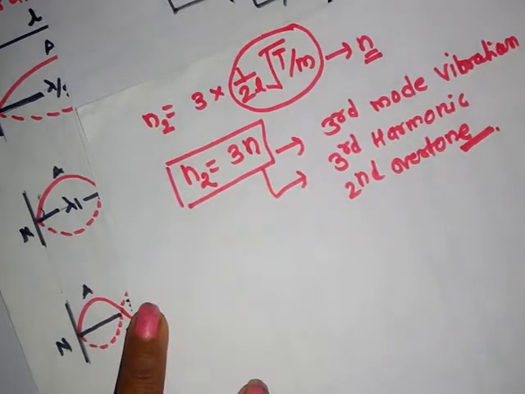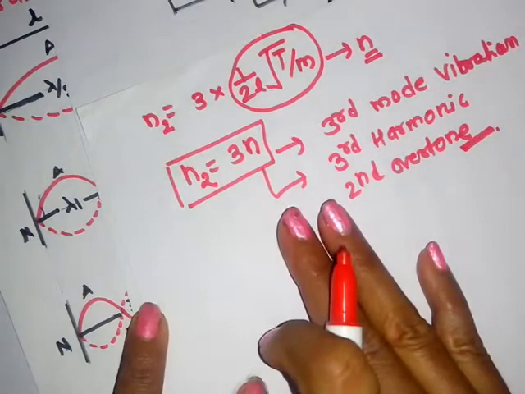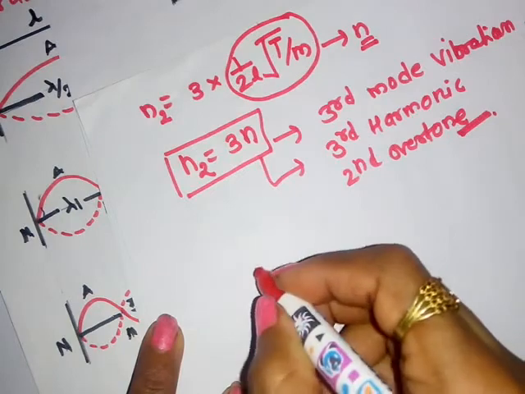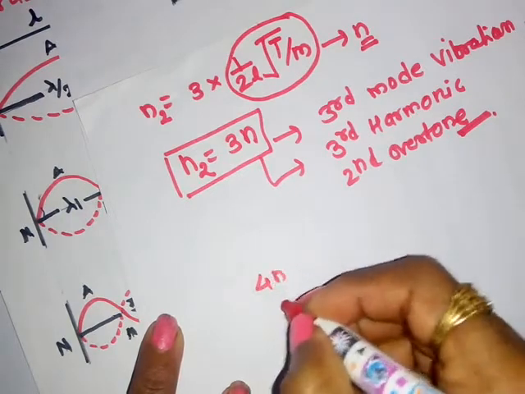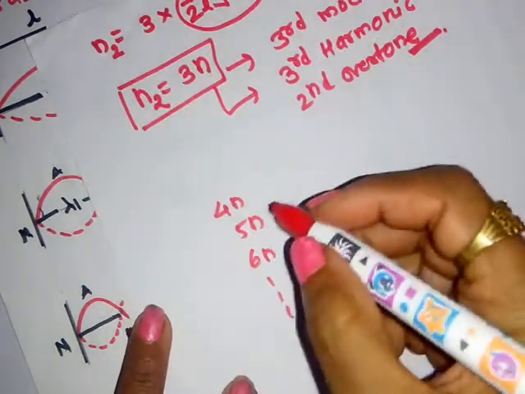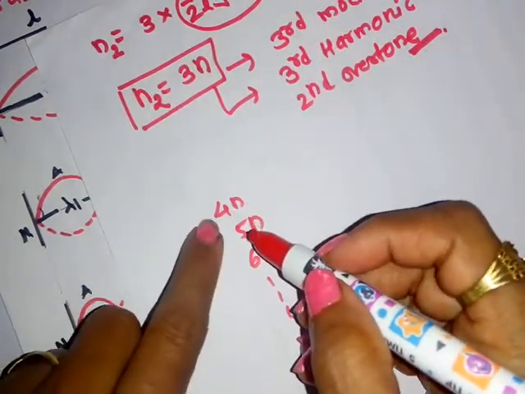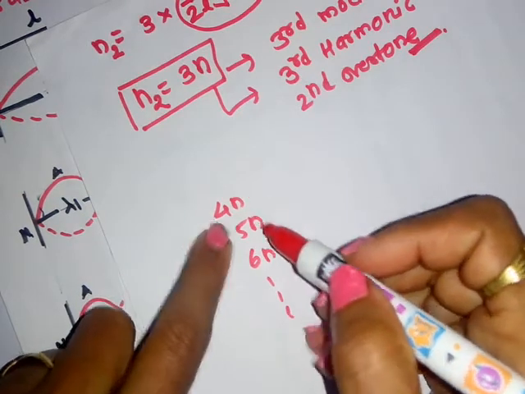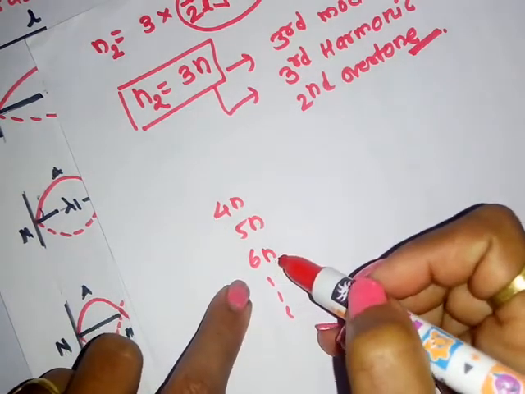Now for the next modes of vibration, if we find the frequency values for the next modes, they will certainly come in this way. That is 4n, 5n, 6n and so on. This is the frequency for the fourth mode, the fifth mode and the sixth mode.